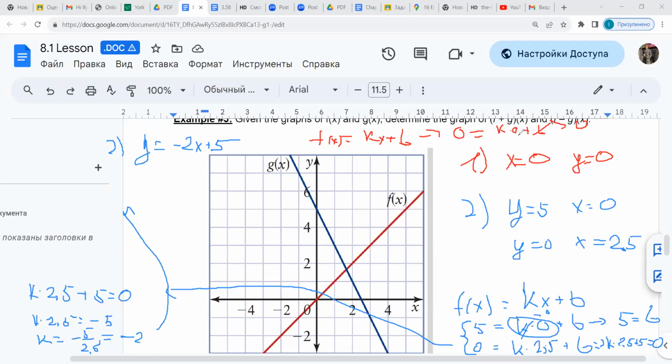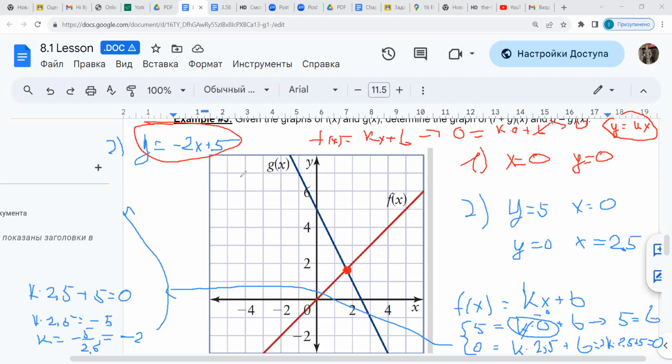Okay. So we have a linear function that looks like y equals k times x. But what is this k coefficient? How do we find it? We know that this function and this function, they have common solutions where x and y point coincide for them.